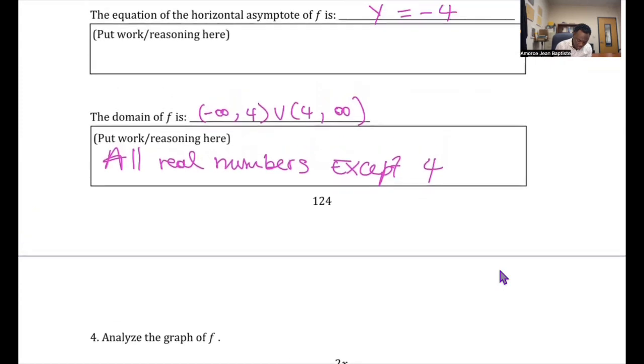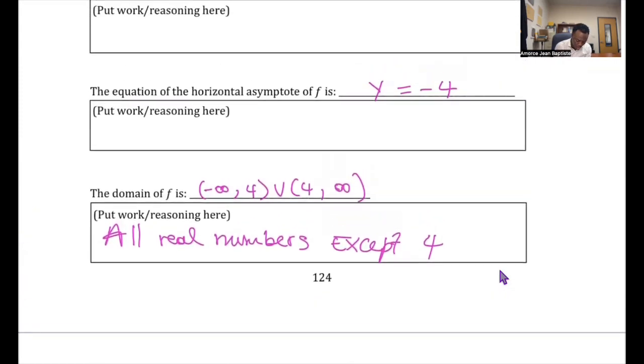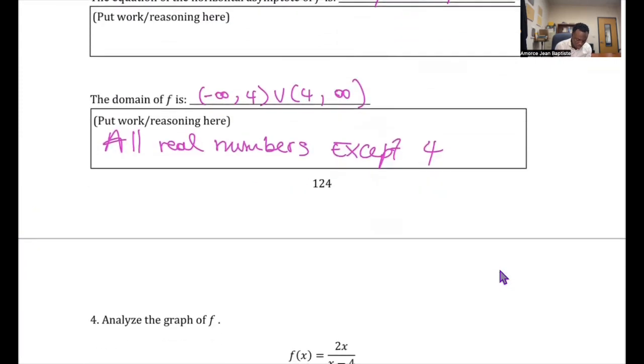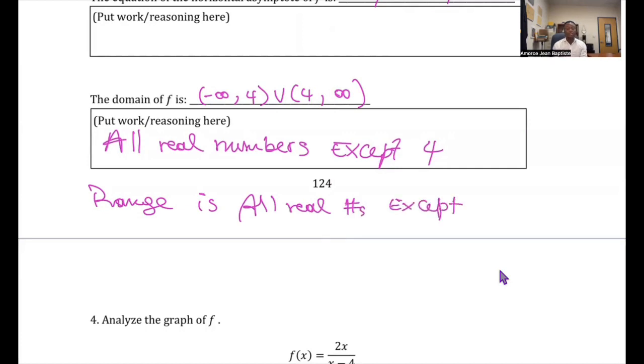And then they may ask you for the range also. The range is all real numbers except the value of y that makes the horizontal asymptote, -4.